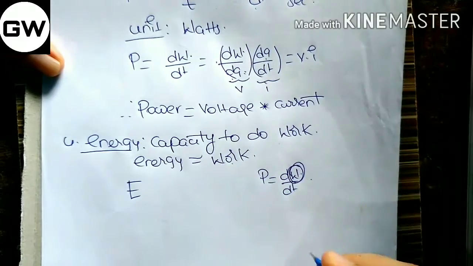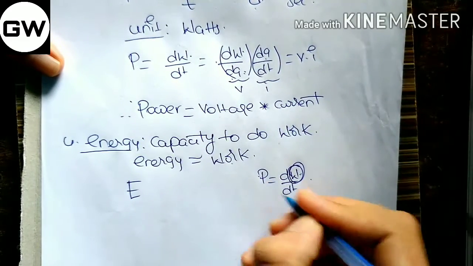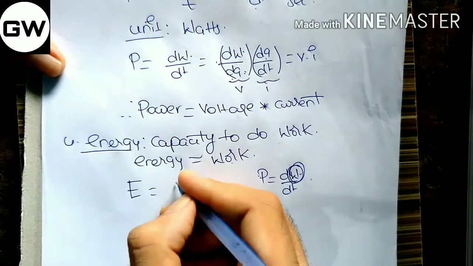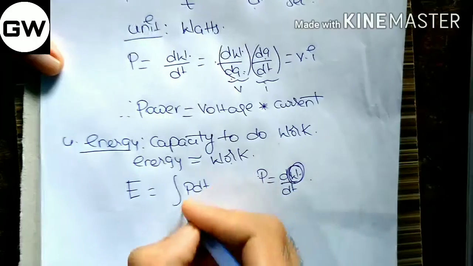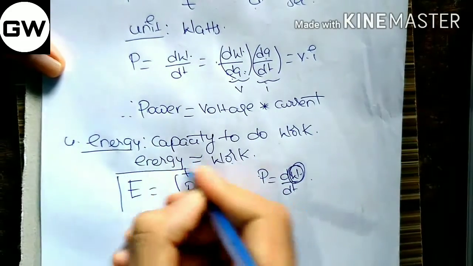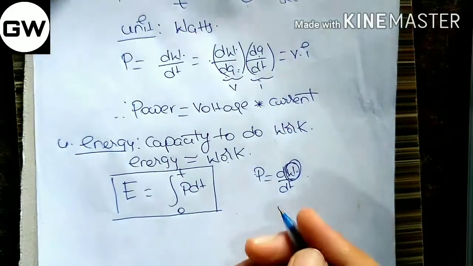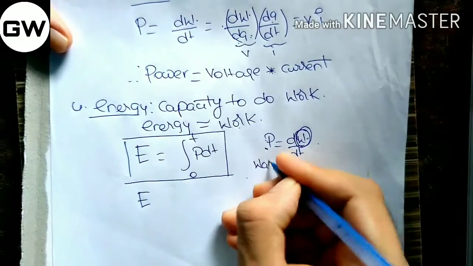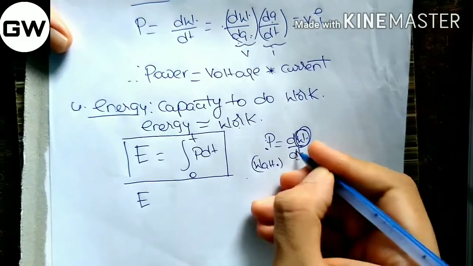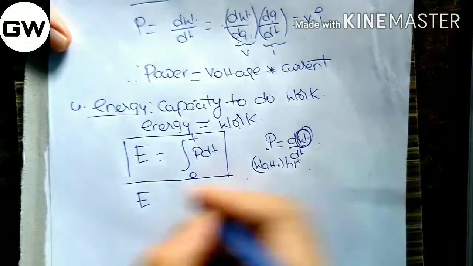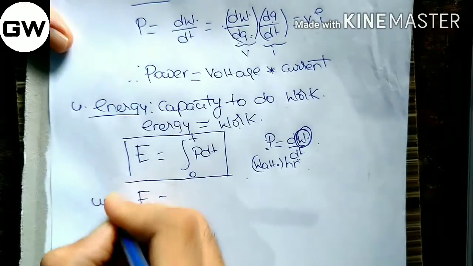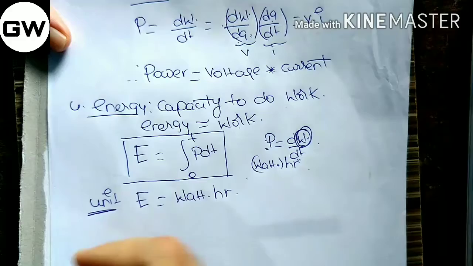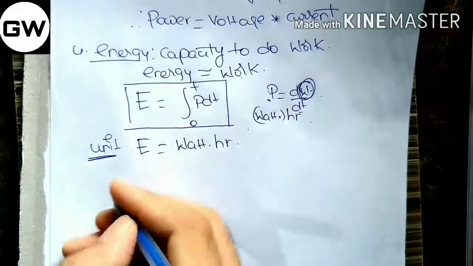Basically W is our energy. To get W, we need to integrate P with respect to time. Energy will be equal to the integration of P dt over the limits 0 to T. This is our formula. The unit for the power is watt, multiplied with the unit for the time, hour. The unit for the energy will be watt into hour.